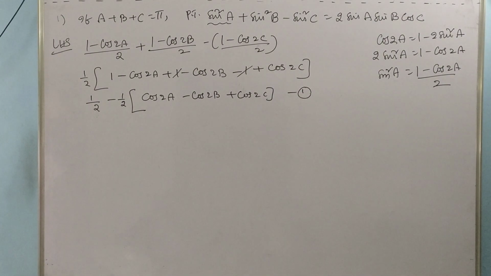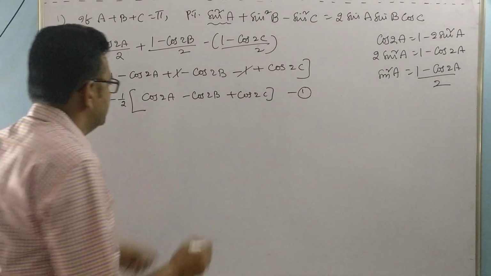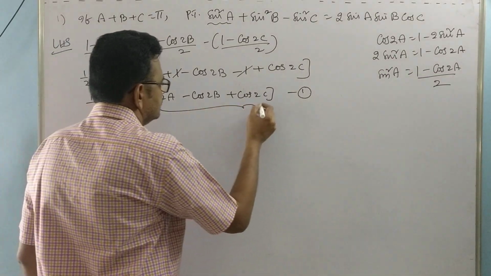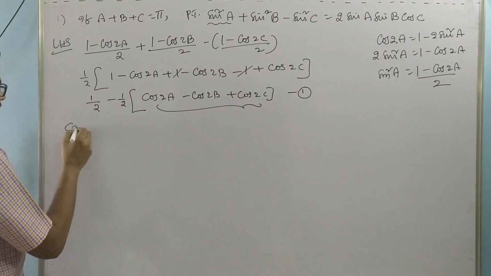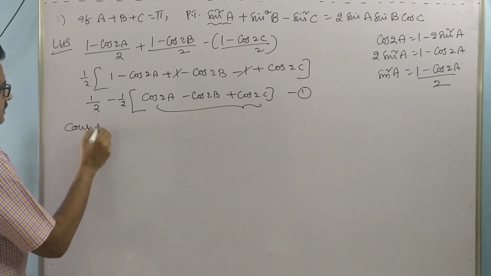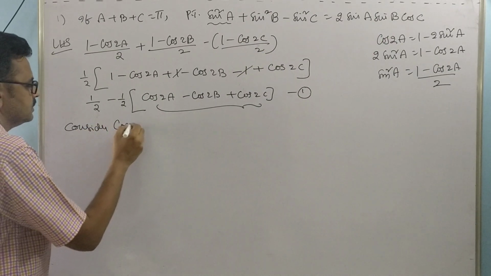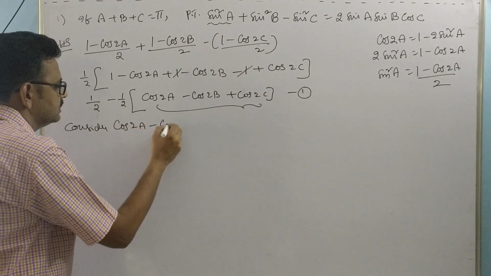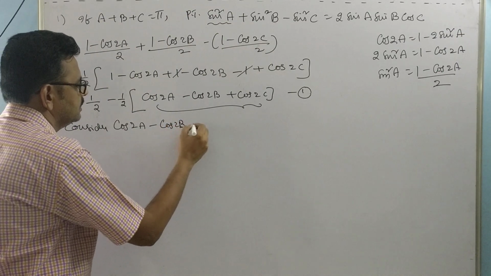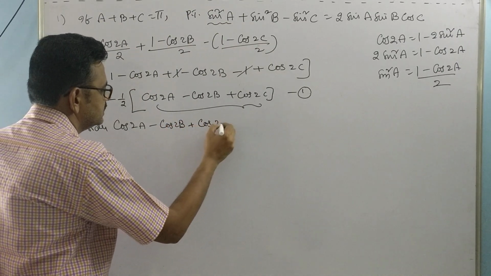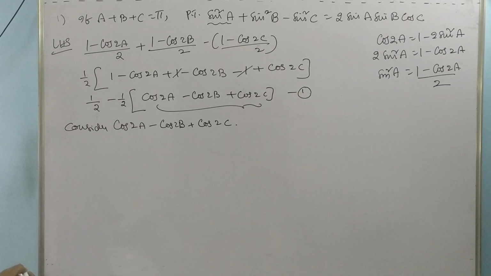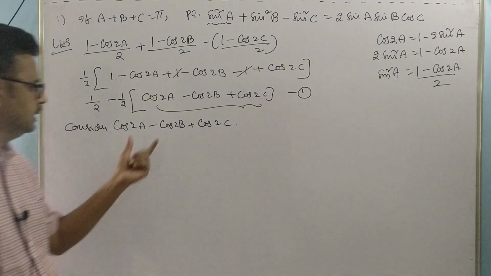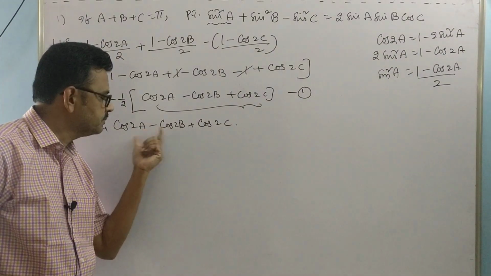Now we have to consider only this part. Now consider cos 2a plus cos 2b minus cos 2c. Yesterday we discussed many problems on this model.